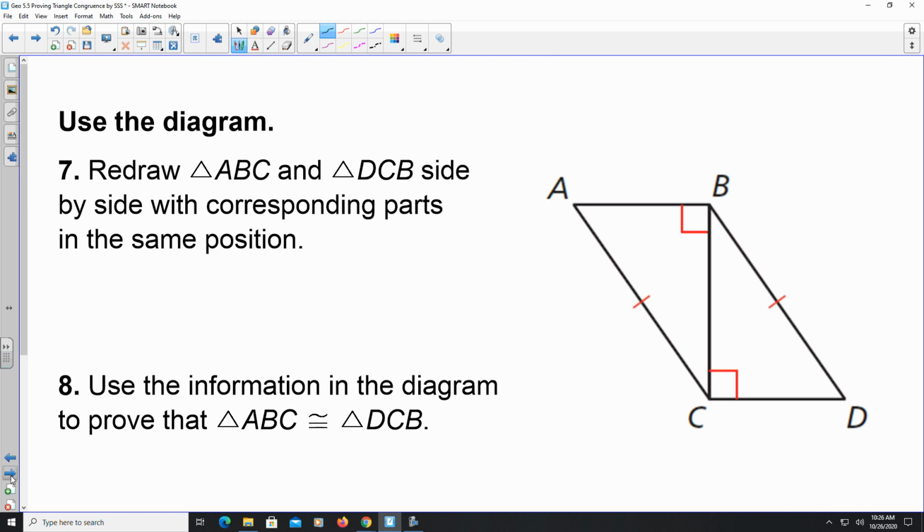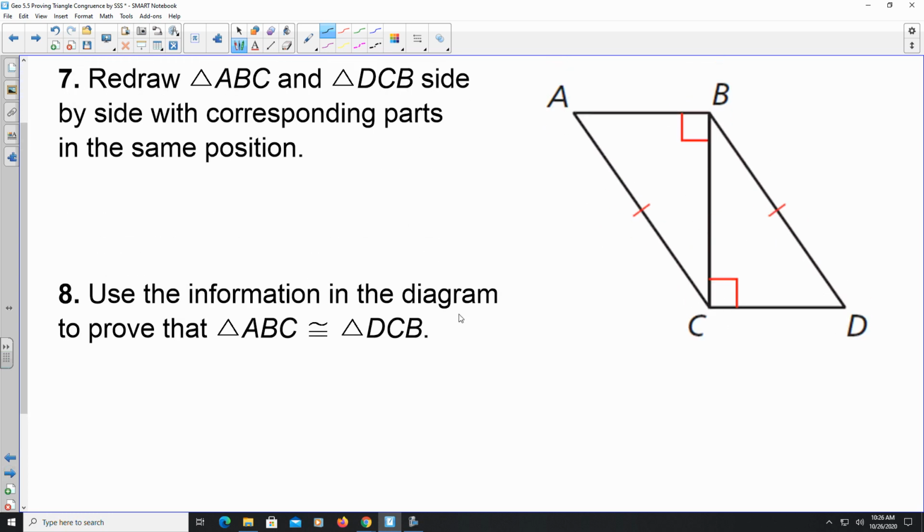In this one, it says redraw triangle ABC and triangle DCB side by side with corresponding parts in the same position. It says use the information to prove that triangle ABC is congruent to triangle DCB.